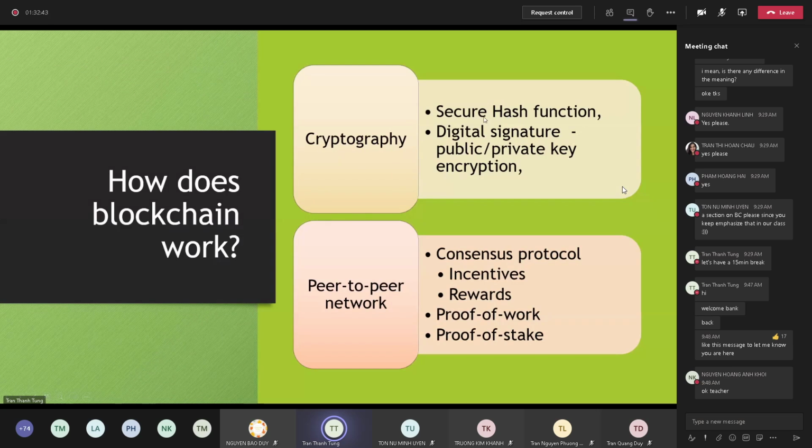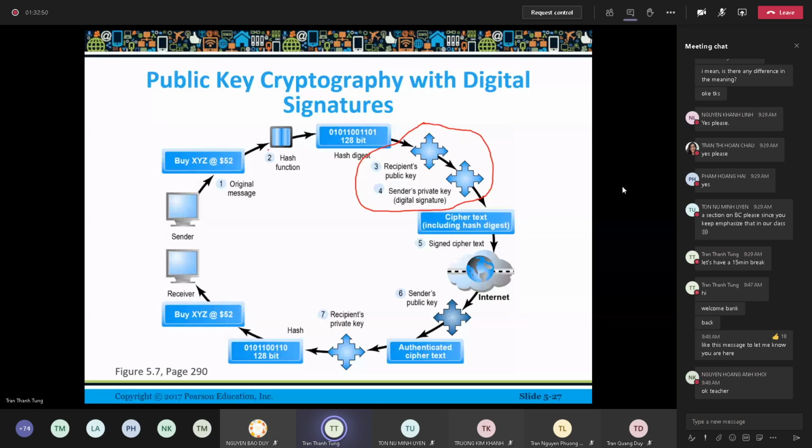The cryptographic hash function is the one that we saw earlier. It is just a slightly different mechanism that helps us secure data on the internet.